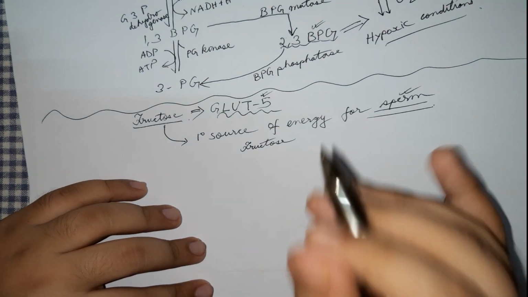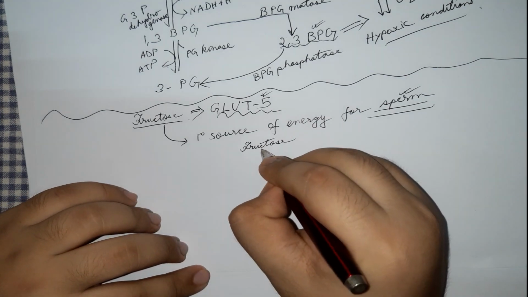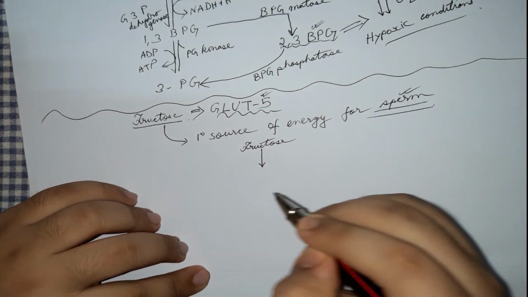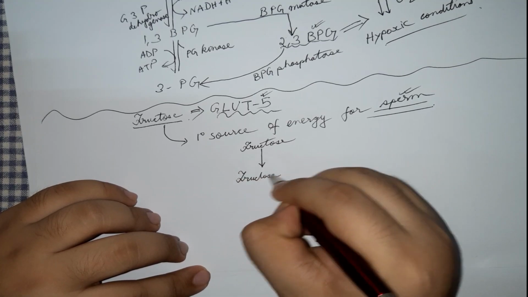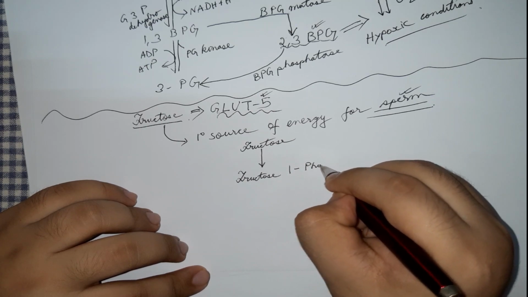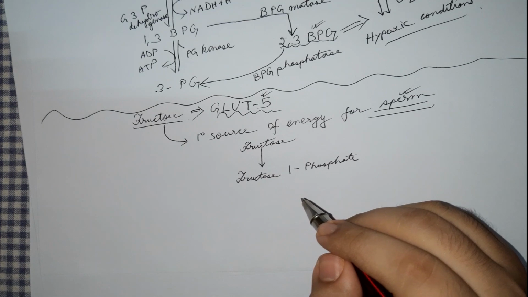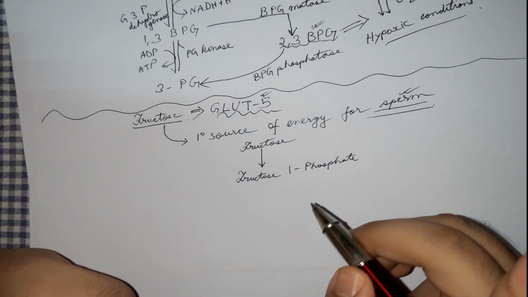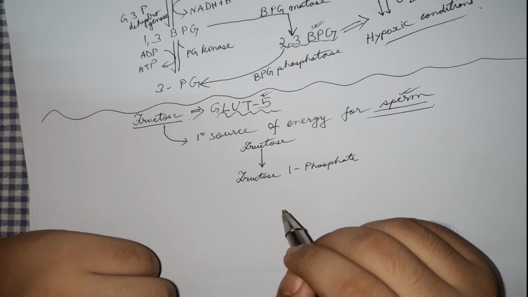At the very beginning, fructose will be phosphorylated, and what is formed is fructose 1-phosphate. Very important. Fructose is phosphorylated and the formed product is fructose 1-phosphate.